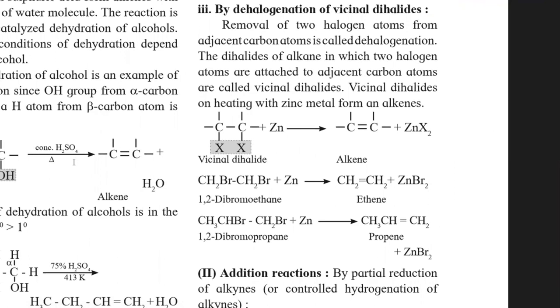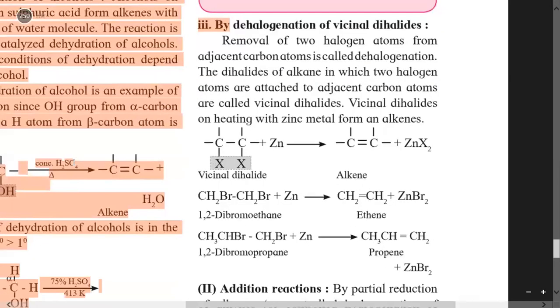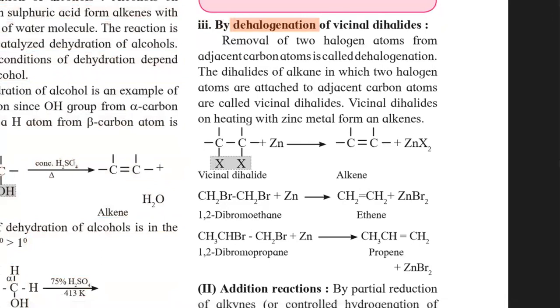Now one more type of elimination reaction given under this preparation method, which is dehalogenation of vicinal dihalide. Here the meaning of D is removal. Halogenation means addition of halogen. Dehalogenation means removal of halogen.